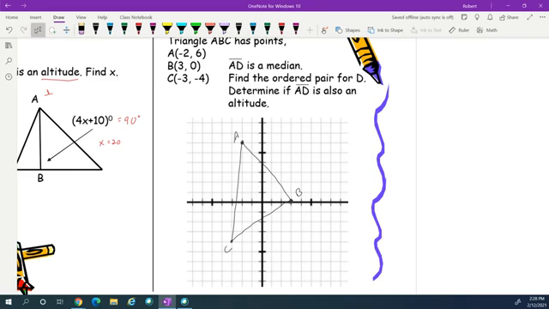In our previous lesson, we were told AD is a median. So if you remember, we found point D by doing midpoint formula. And we found D to be at 0, -2.